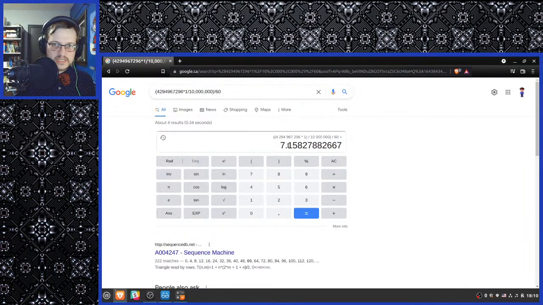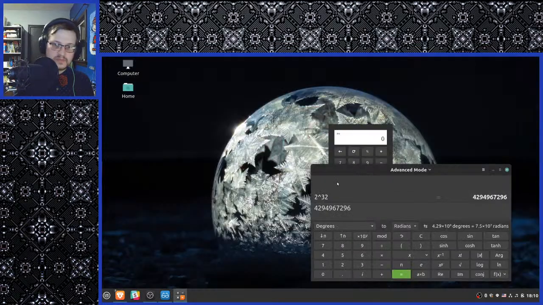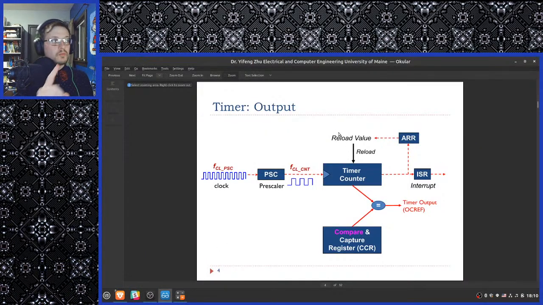If you want to accurately time something that may take weeks, this is certainly not going to cut the mustard. Now, there are ways of getting around this. Whenever the timer goes from its maximum value back down to 0, it also generates an interrupt.